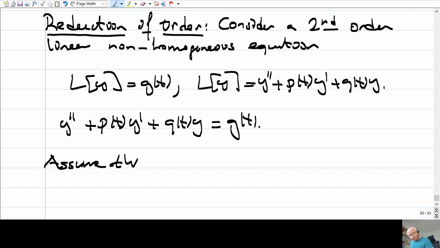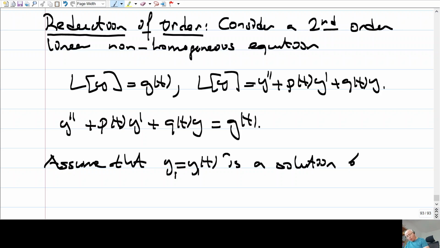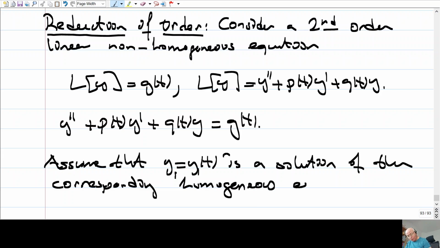Assume that y1(t) is a solution of the associated or corresponding homogeneous equation.